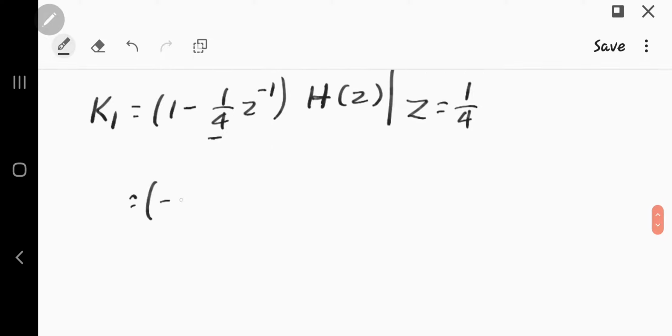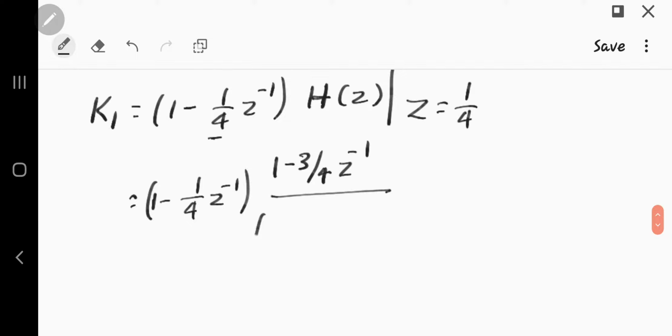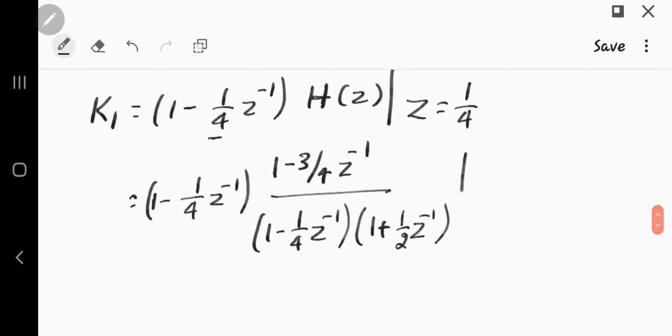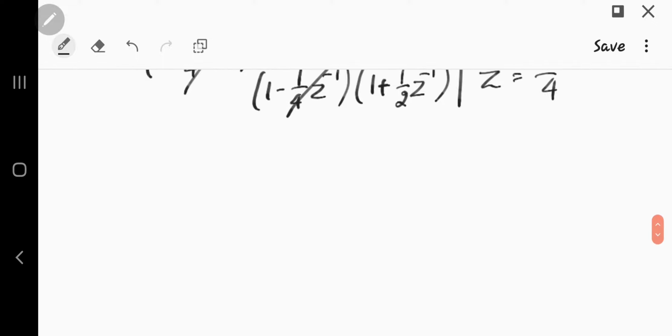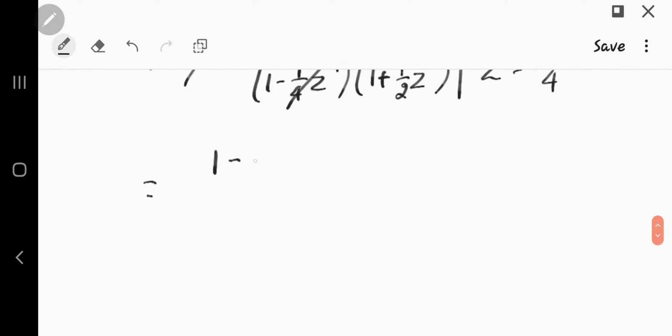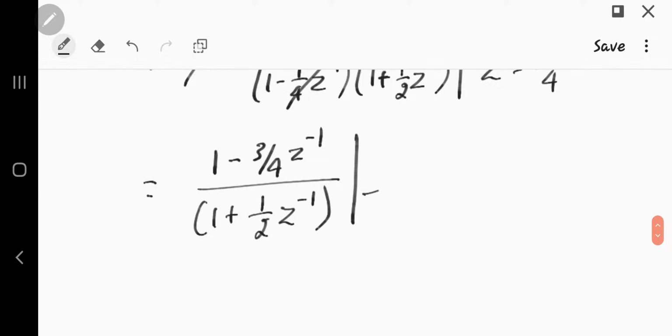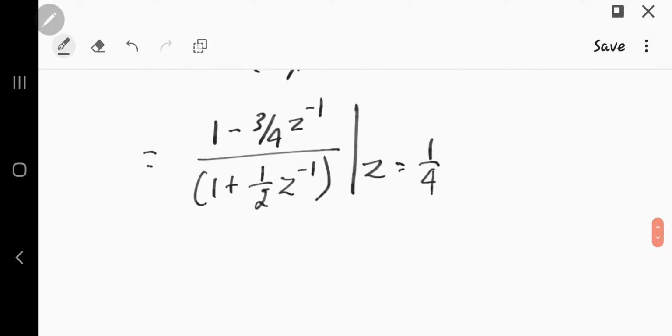Now if you substitute H of z, which is 1 minus 3 by 4 z inverse divided by 1 minus 1 by 4 z inverse into 1 plus 1 by 2 z inverse, where z takes the value 1 by 4, these two get cancelled. So you will remain with 1 minus 3 by 4 z inverse divided by 1 plus 1 by 2 z inverse, where z takes the value 1 by 4.